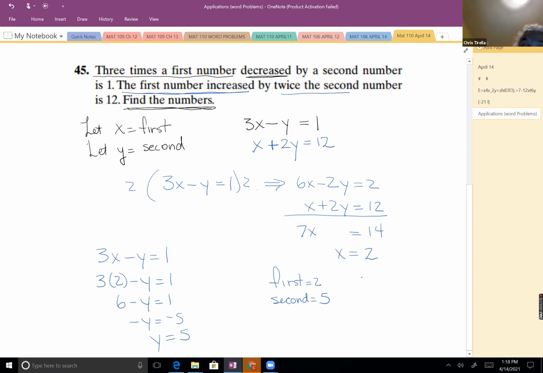If I take 3 times the first minus the second, that's 6 minus 5 or 1. So it checks. And if I take the first and increase it by twice the second, I get 2 plus 10 or 12, and it checks.